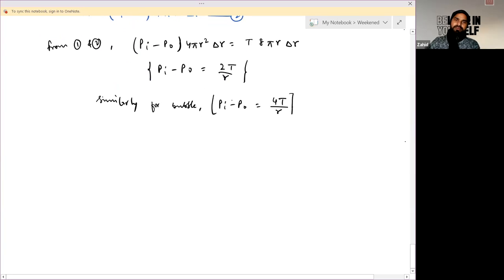Now, on the application of this part, let's just stop here. In the next class, I will continue with it, about Young's formula, and then we'll start with hydrodynamics, that is, fluid in motion.